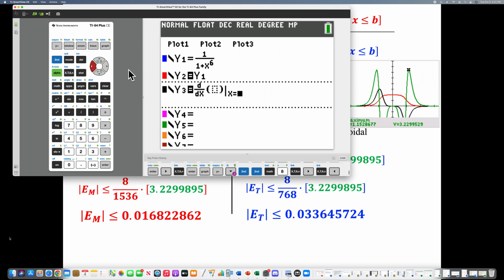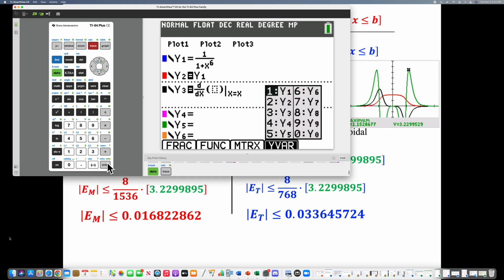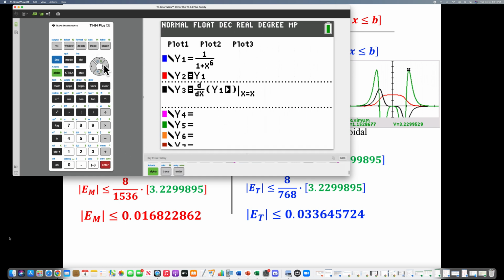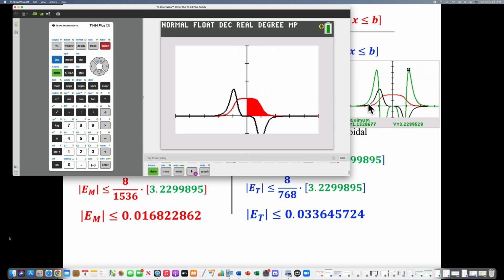And inside the parentheses has to be our function. Okay, that's where y1 comes in. So I'm just going to put alpha trace y1, put y1 in those parentheses right there. And if I hit graph real quick, there you can see that black graph that I created.